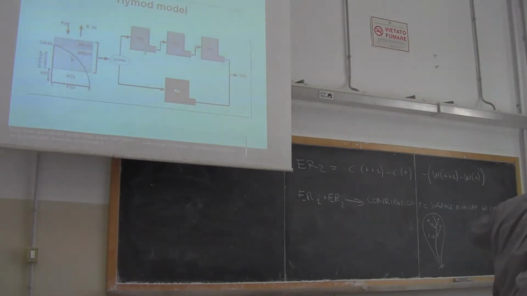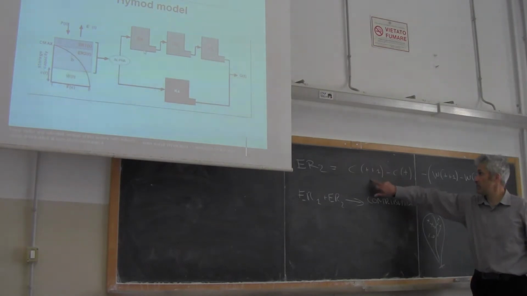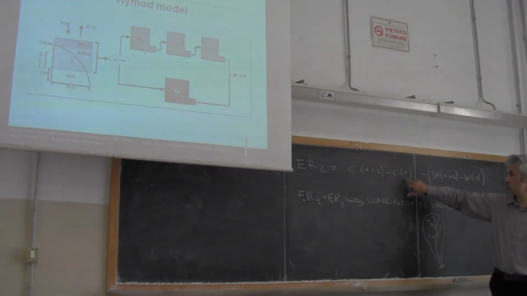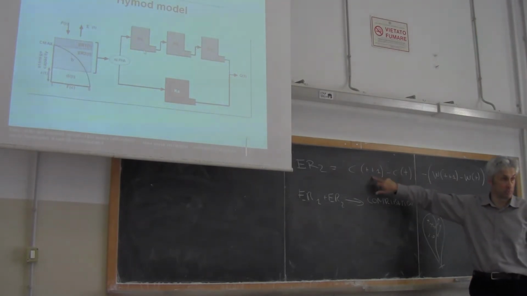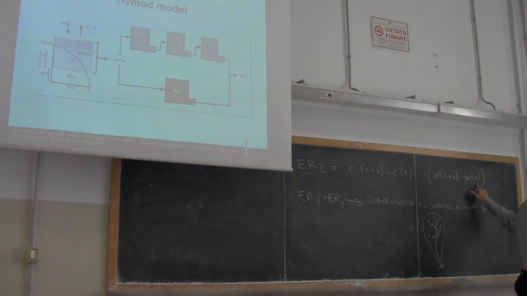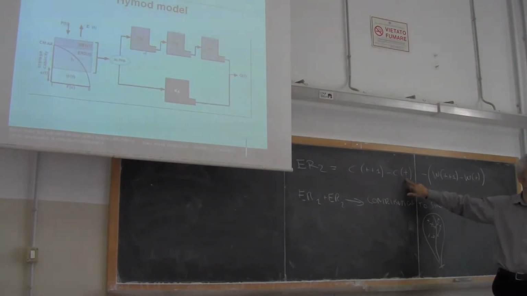If you remember how ER1 and ER2 are computed, once that Cmax is defined, it's very easy to compute ER1 and ER2. ER2 is written here. ER1 is in the previous slide. You see, you know Ct. Ct plus 1, you know Ct, you know Wt plus 1 that can be computed from Ct plus 1 with the analytical relationship that you have, and you know Wt, same thing, can be computed from Ct.